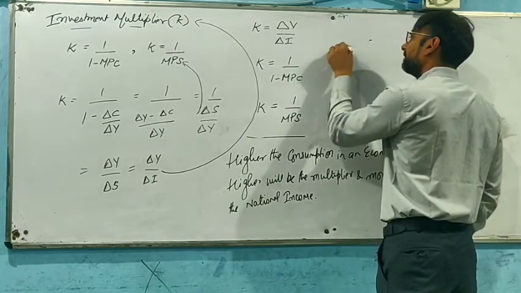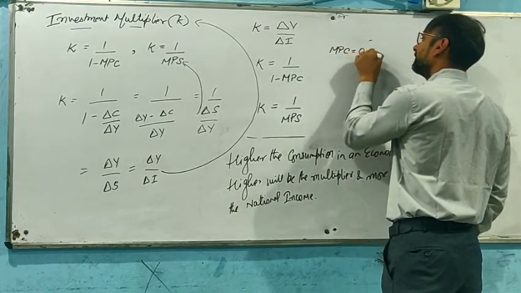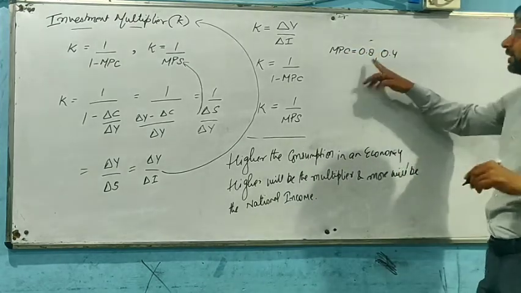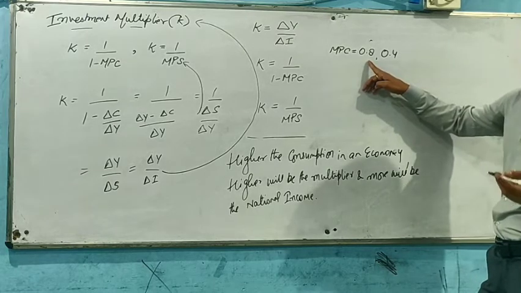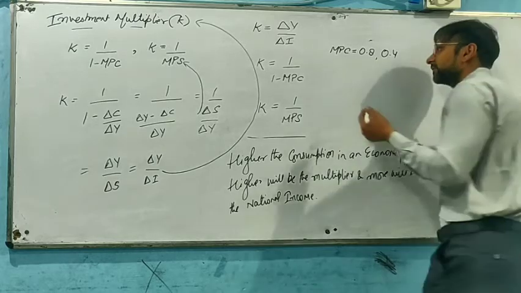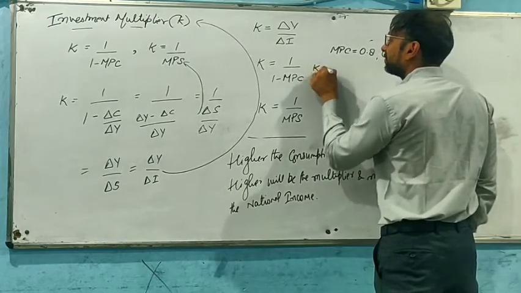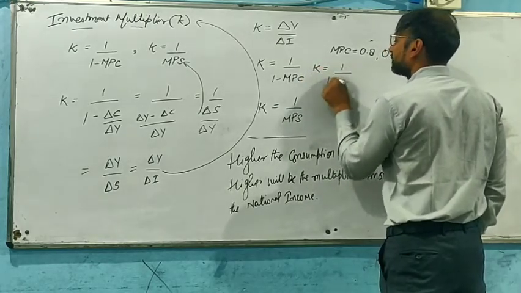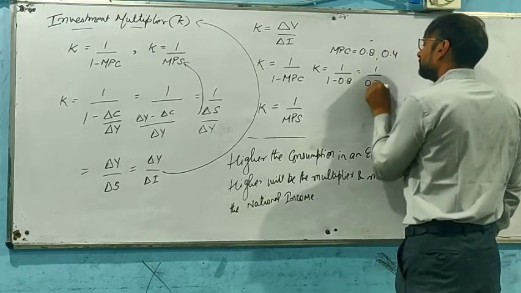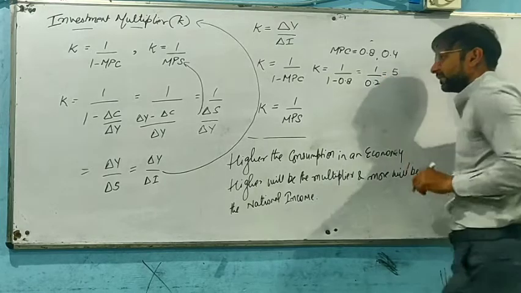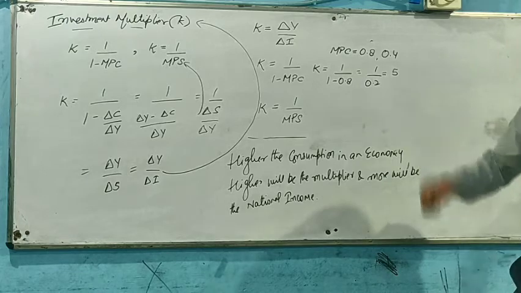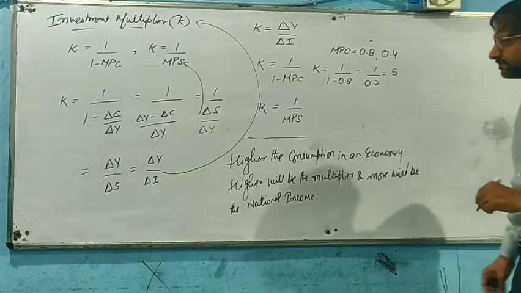Say if MPC is 0.8 and 0.4, okay? 0.8 from 1 basically is high, 0.4 from 1 basically low. So if you obtain the value of K, that is 1 upon 1 minus 0.8, it will give you 1 upon 0.2, that is 5. It means the multiplier is 5, it will lead to 5 times the increase in national income.